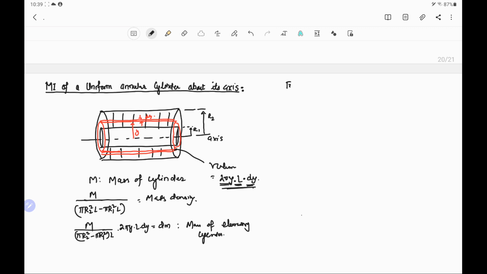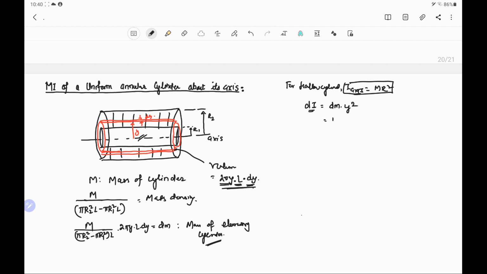For a hollow cylinder, the moment of inertia about the axis is MR square. We will use this formula and apply it to this elementary cylinder. We will find dI. Because the mass is elementary, the moment of inertia will also be elementary. It will be dm into r square, and the radius of this elementary cylinder is y, that means it is y square.